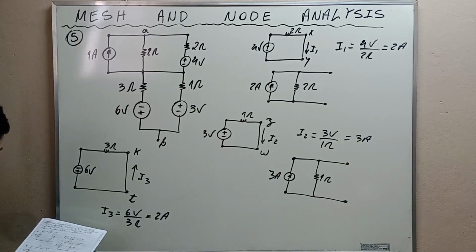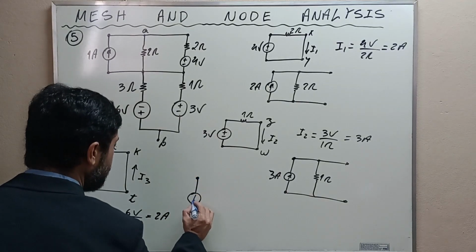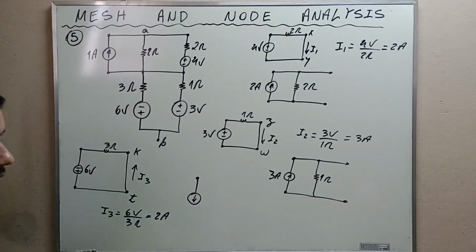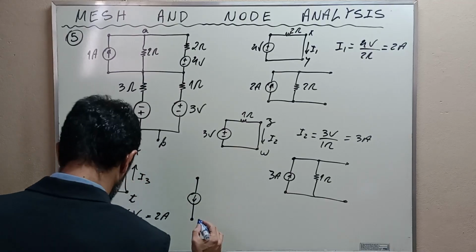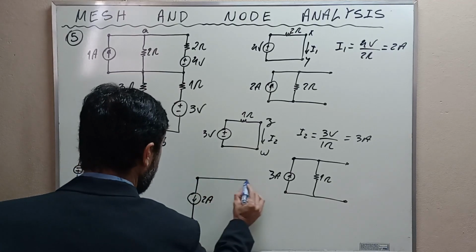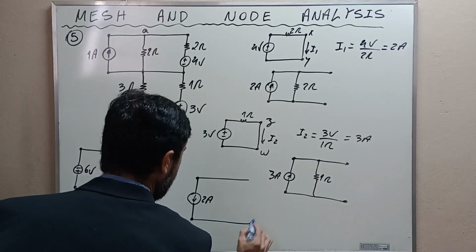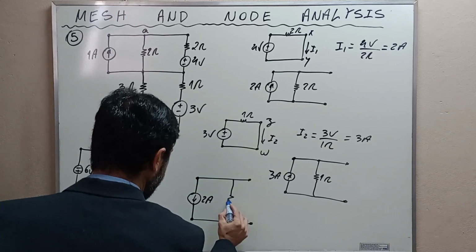And the circuit thus becomes a current source but pointing downwards, 2 amps, and here the resistor.